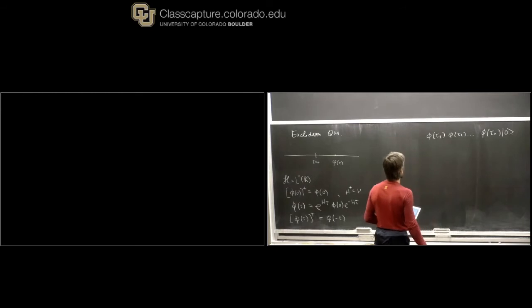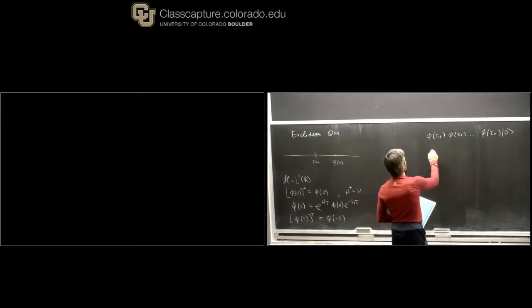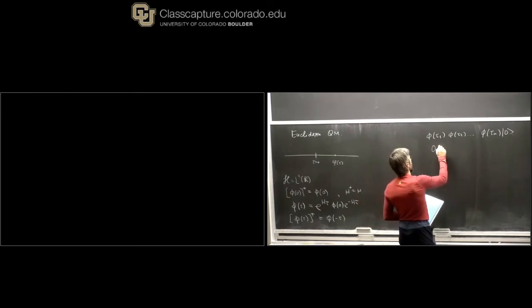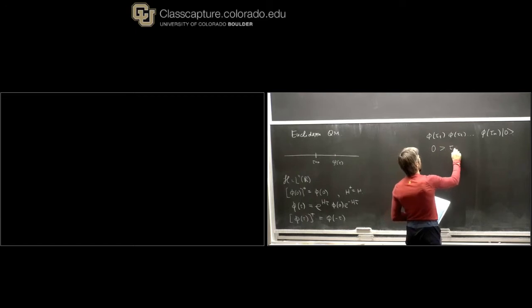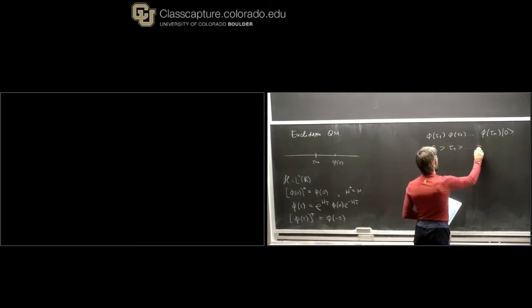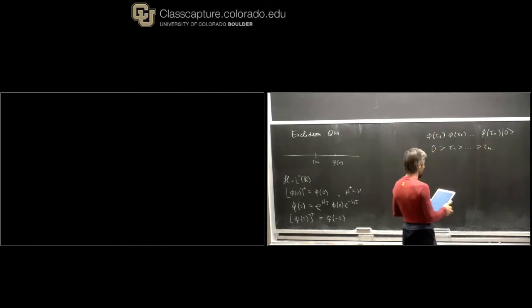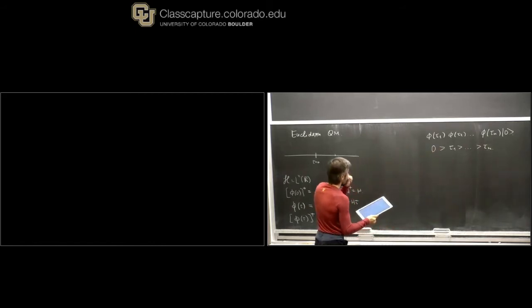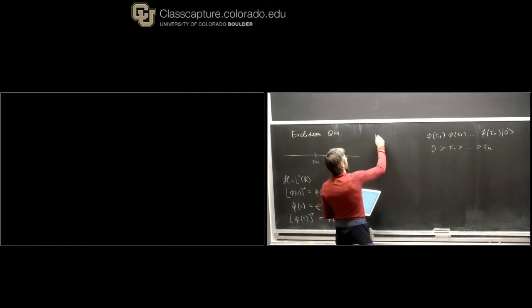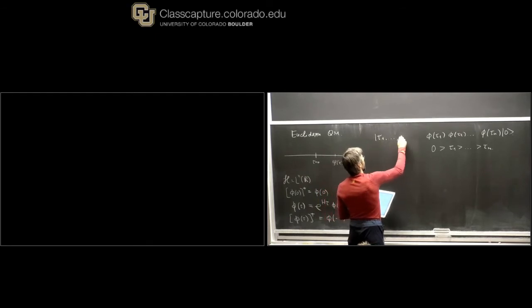Let me take all of these times negative. So I'm going to take 0 larger than tau 1, larger than tau n. Let me denote this state as tau 1, ..., tau n.